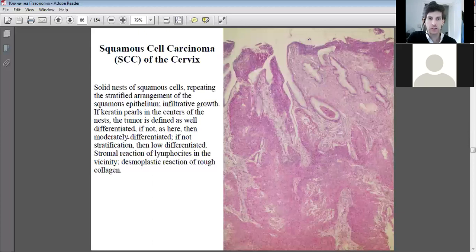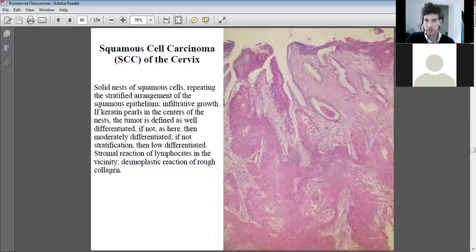The moderately differentiated tissue has become quite evident. So instead of a nice epithelial border, you have a disruptive border. Instead of nice squamous tissue, which you have some patches of, it becomes patchy, if you like.